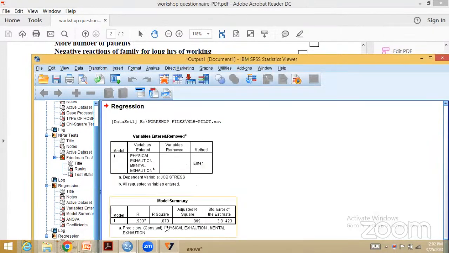See, R square is 0.870. When we add one more independent variable into the model, R square is increasing.